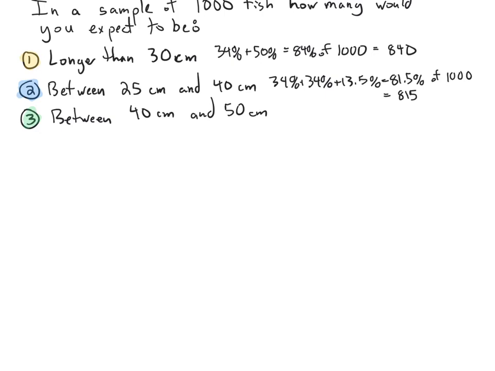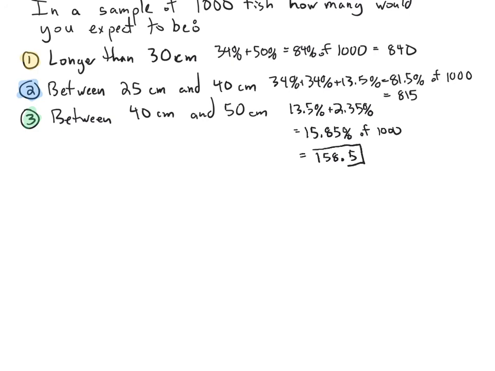So this is going to be 13.5% plus 2.35%, which equals 15.85%, and that's of 1,000. So we would expect 158.5 fish would be between 40 and 50.